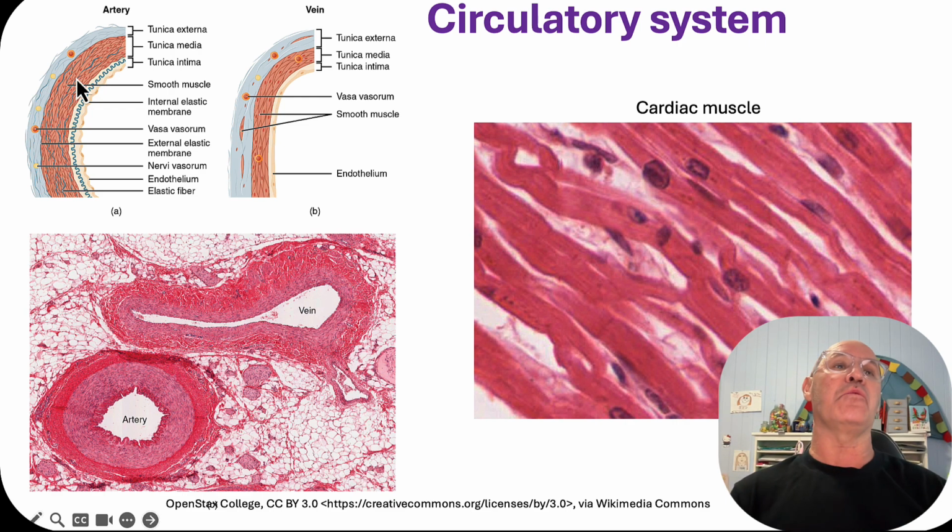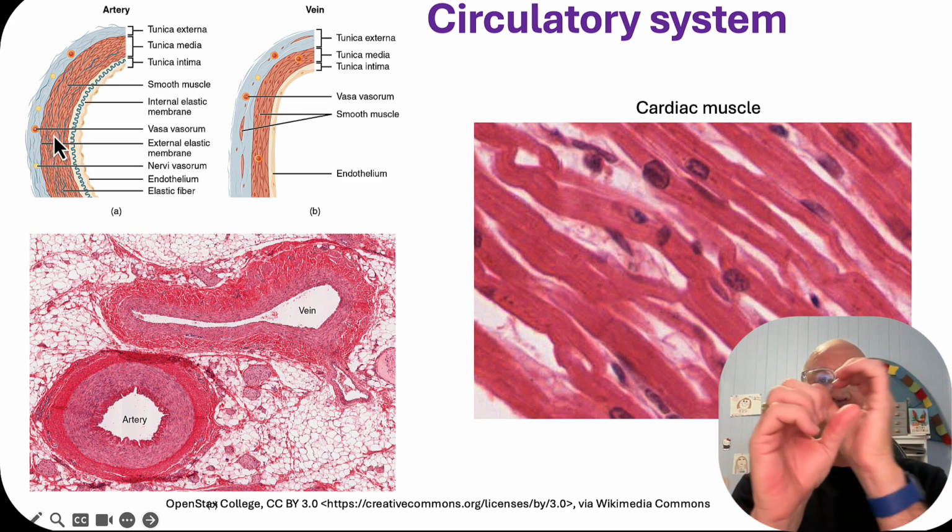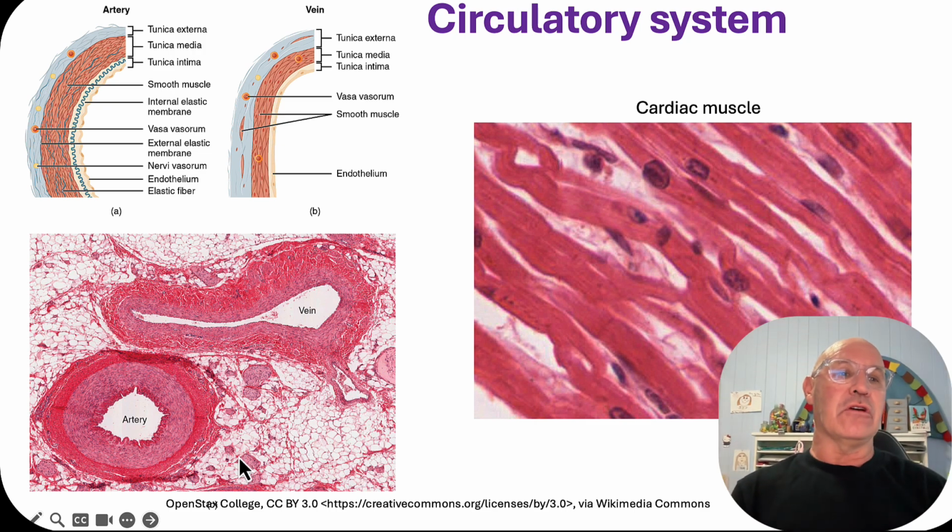This is a good diagram to understand what smooth muscle actually looks like. It's not striated like cardiac and skeletal muscle. It's actually more in these elliptical sort of shapes, and they contract in a circular type movement and close the artery.